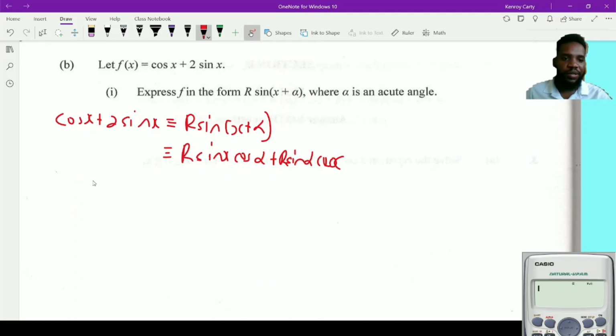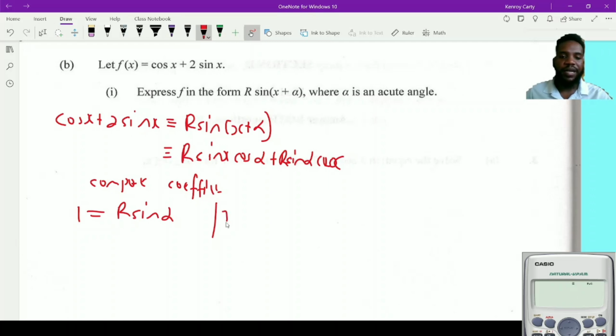Now, at this point, what we're going to do is compare coefficients. So we're going to look at what is multiplying cos x on the left, which clearly we see is 1. On the right, we look for cos x, which is over here, and what is multiplying cos x is r sin alpha. Good. Let's move on to sin x.